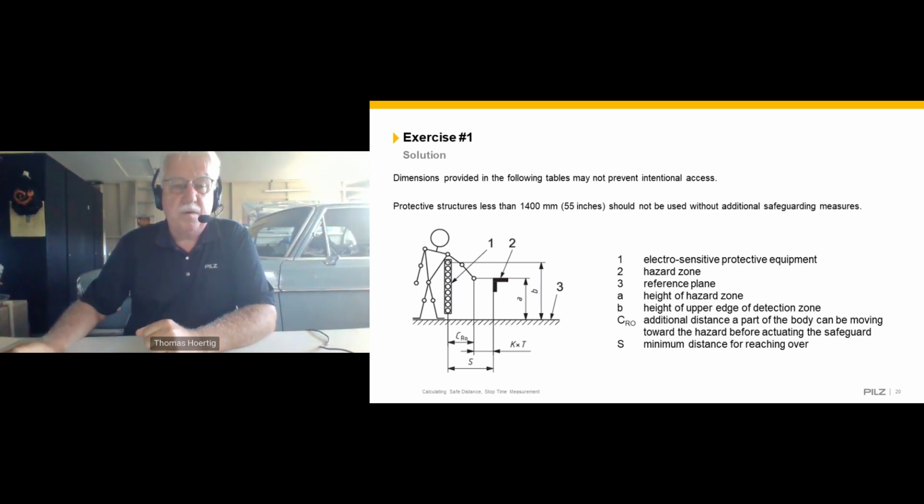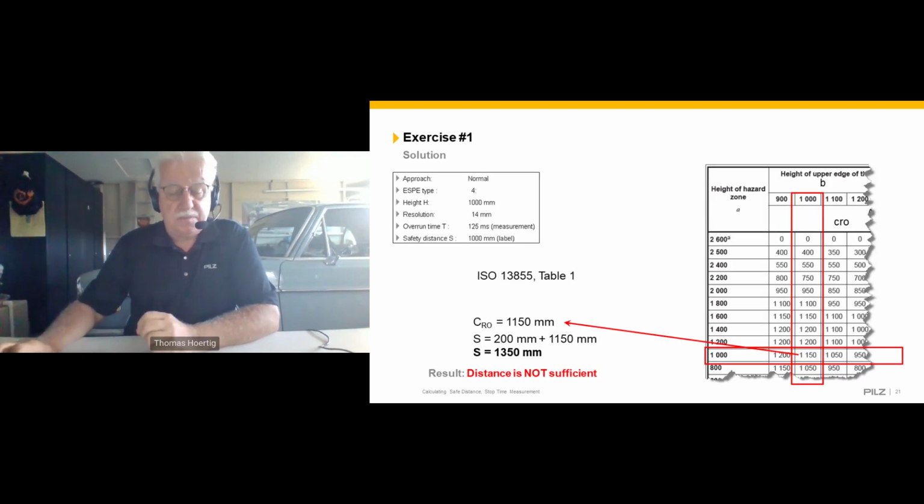We have the height of our hazard point. Here's the height of the highest beam. And then overall here is our S and this C_RO. So RO, for reach over, might be a factor that we may have to add if we go into this specific table.